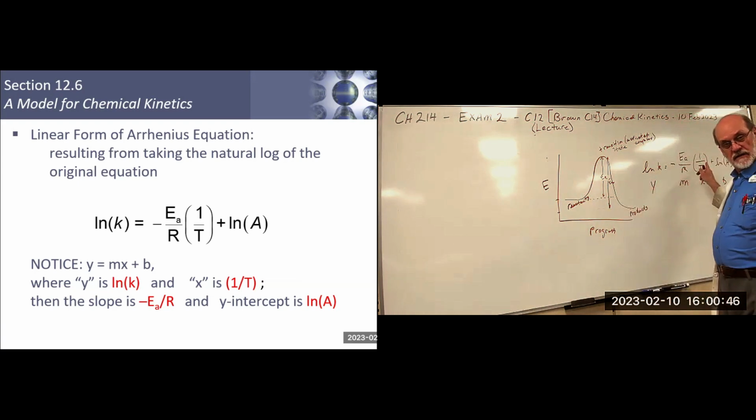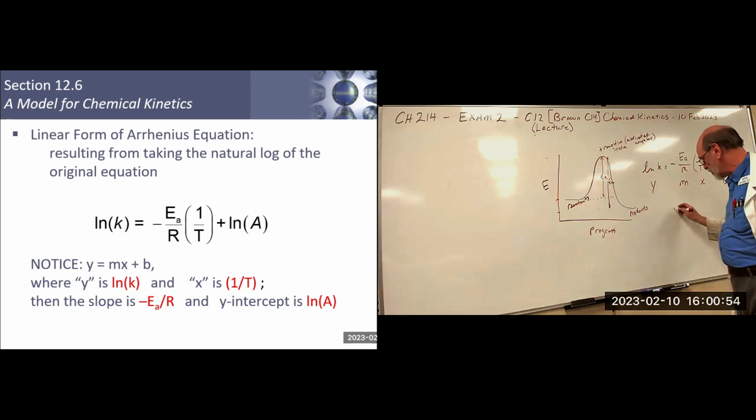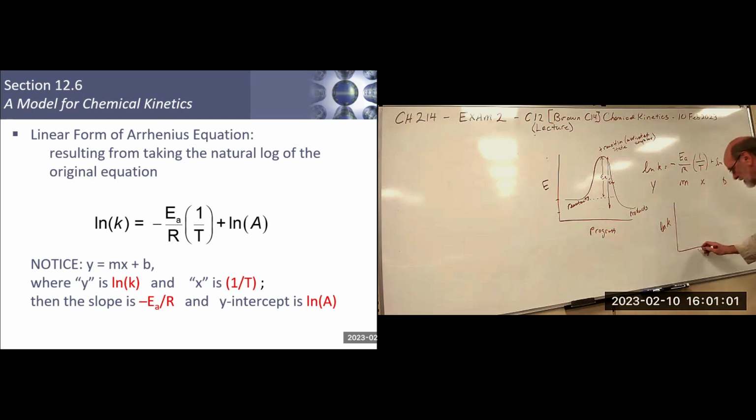And for each temperature, you determine the rate constant. And then you plot that line. So you plot the log of your k values, your rate constants, against the inverse of temperature in K, right, K to the -1.